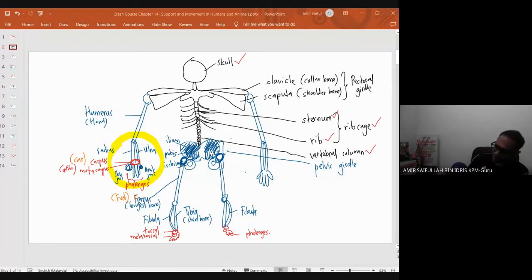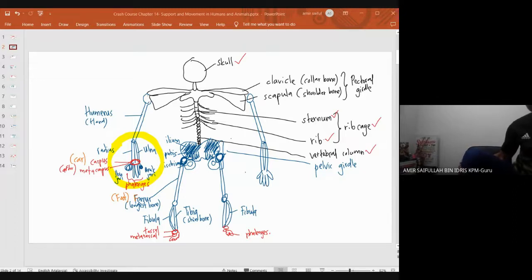Bawah daripada knee, macam tadi kita ada ulna and radius. So, bawah pada femur, kita ada 2 bone. Kalau orang yang main bola, dia akan pakai shin pad untuk protect dia punya tulang sini. Melayu panggil tulang kering. So, this part is called the shin bone.